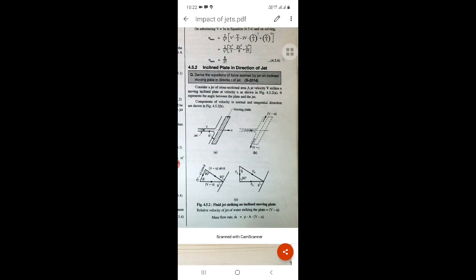V minus U cos theta, V minus U sin theta, V minus U theta. So Fx, Fn, Fy.